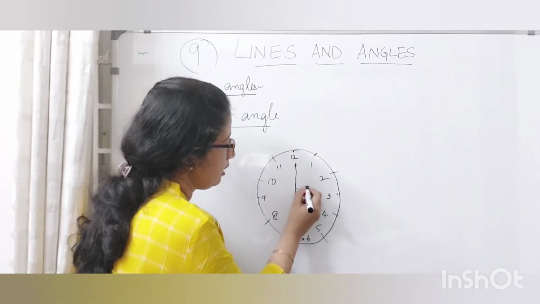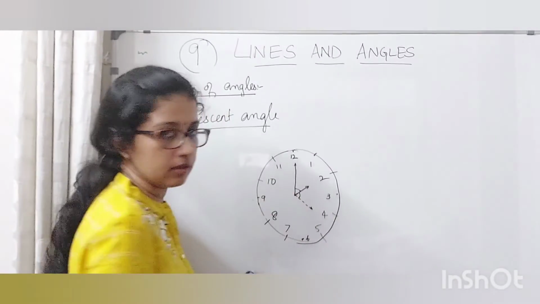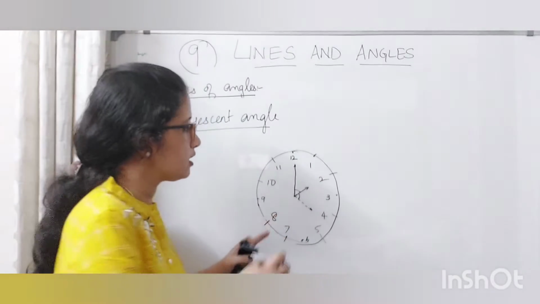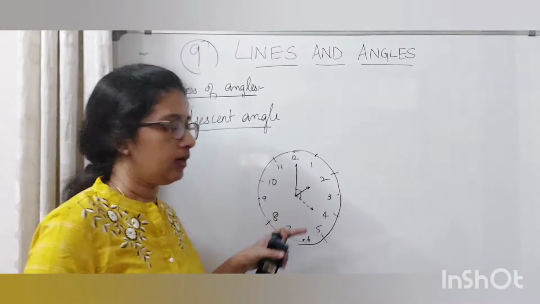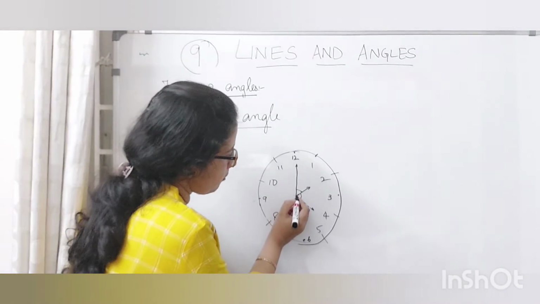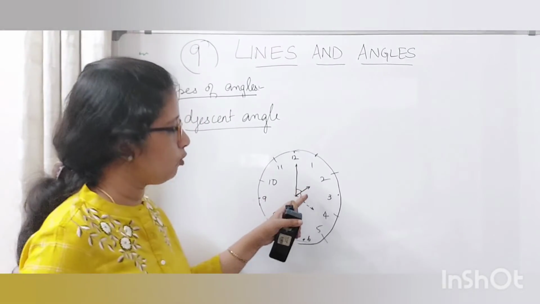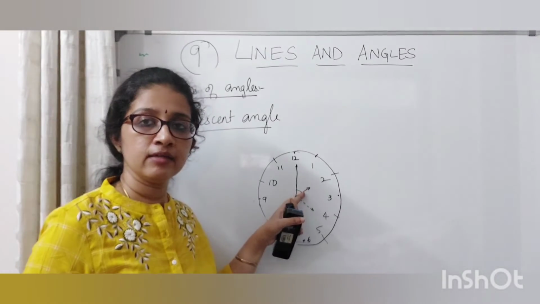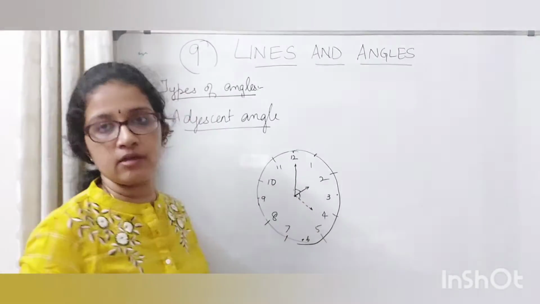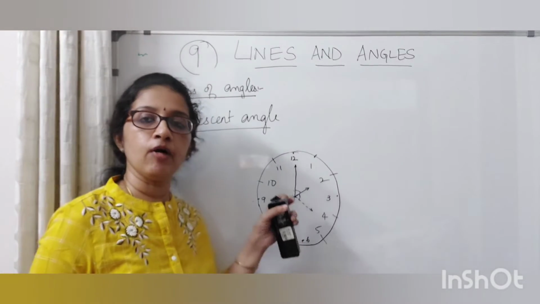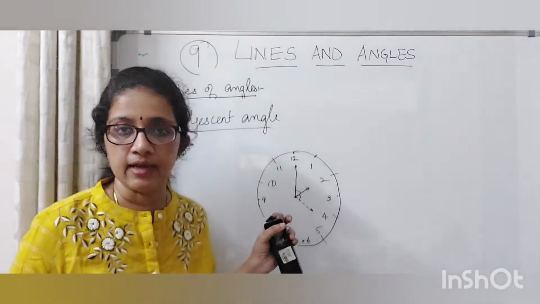So here we have a common arm, which is the hour hand, and these form the non-common arms, and this is a common vertex, and there are no common interiors. So these two angles form adjacent angles. This is an example of where we can find adjacent angles.